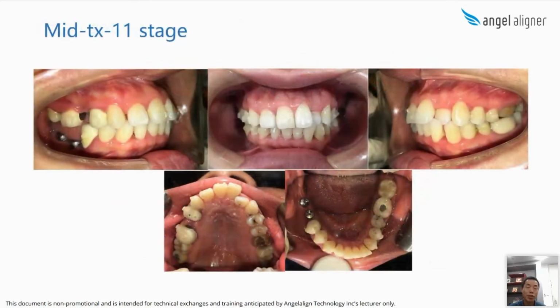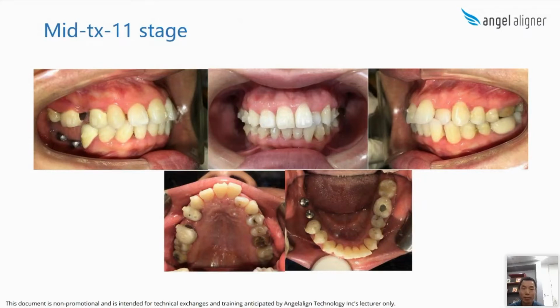But at stage 11, the patient complained that these two teeth were loosened and sensitive to cold and heat stimuli. Clinical examination showed that these two teeth were 2 degrees loosened, and there were occlusal interferences.